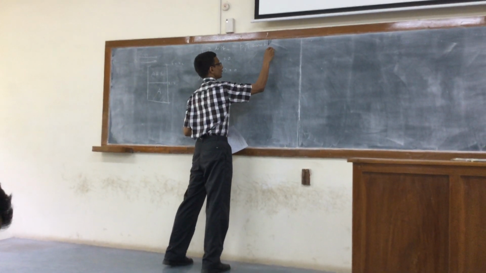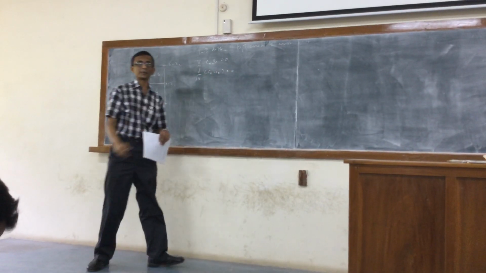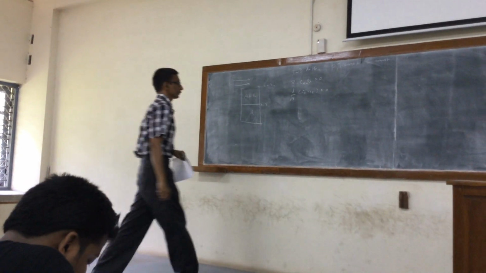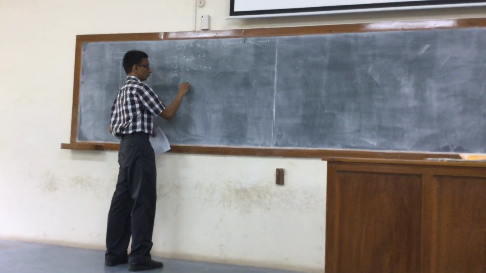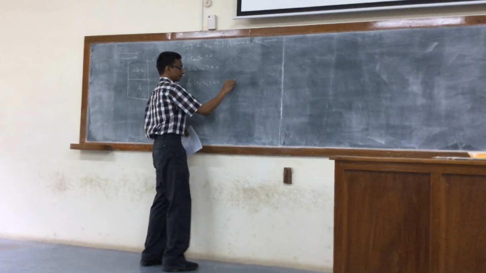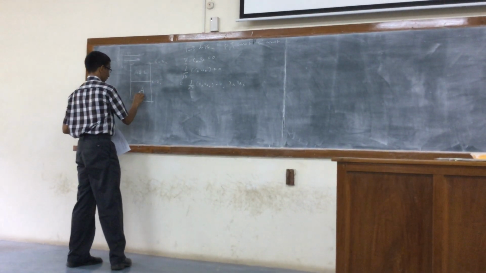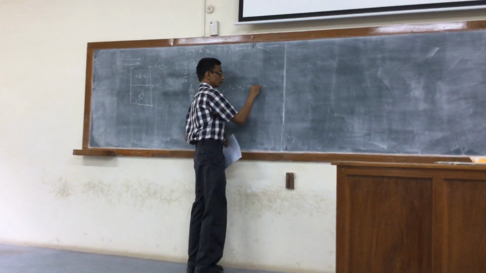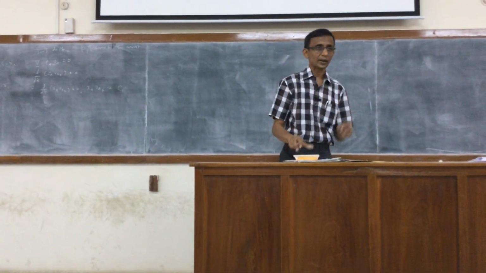If I assume ideal gas law, this would mean that the total concentration c_A plus c_B is also a constant, uniform throughout the system. So I can write this as c times d/dz of x_A N_Az equal to 0, which means that x_A N_Az between z equal to z1 and z equal to z2 is equal to some constant, let's say C1. So part of the problem is already solved.